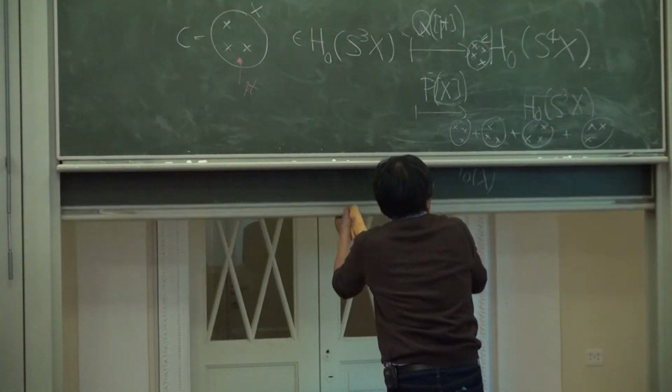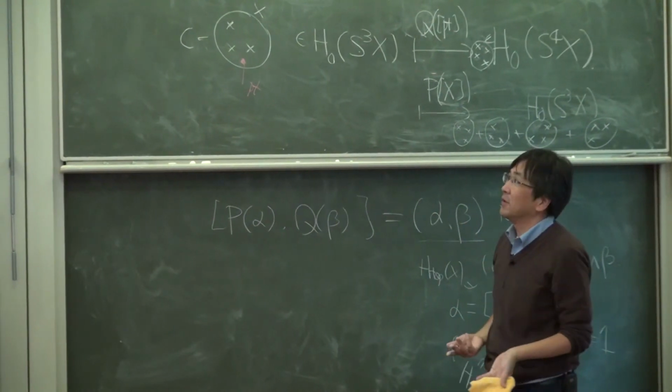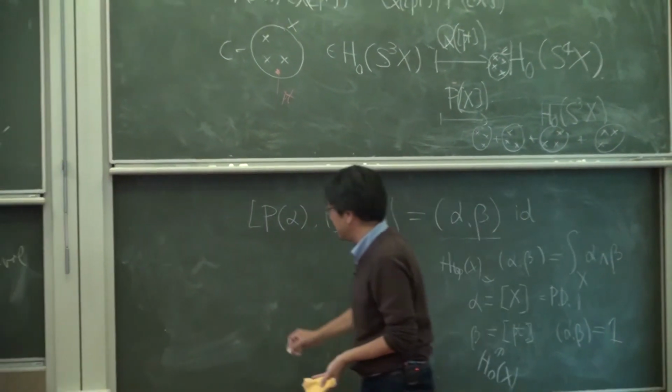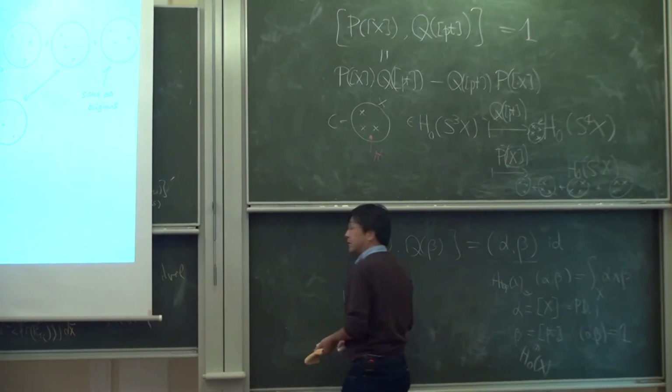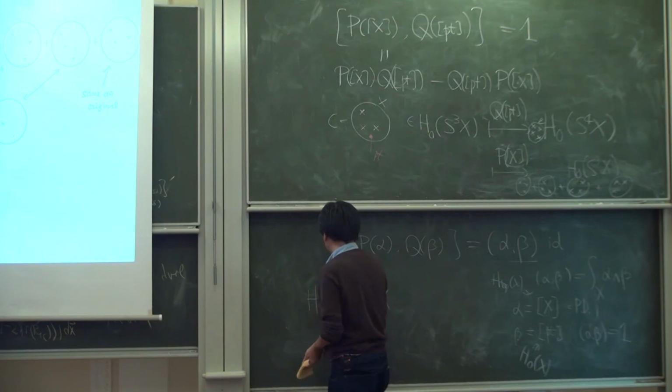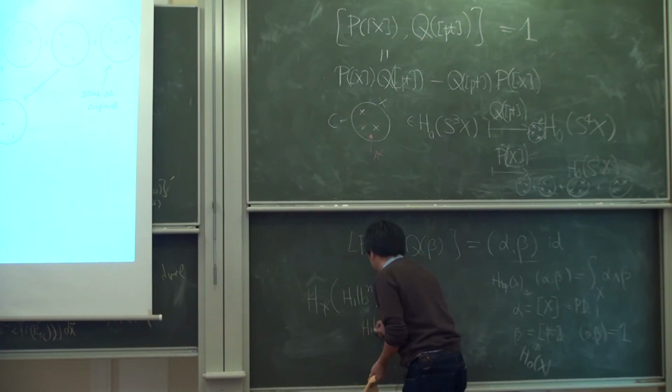So on Friday, I will explain a slightly more complicated example that is called the Hilbert scheme of n points on X, and I consider its homology group. This is the so-called Hilbert scheme.